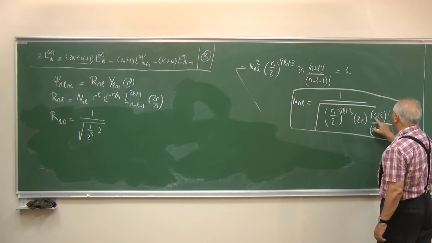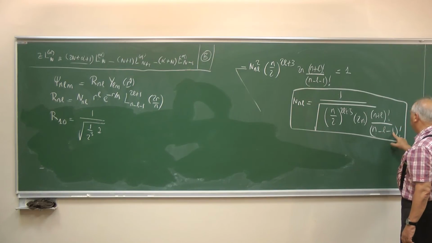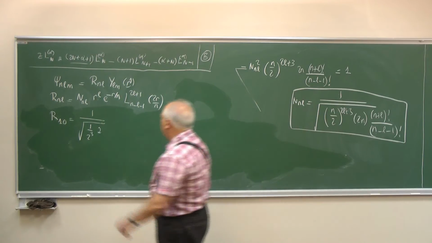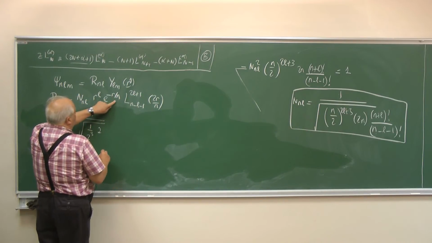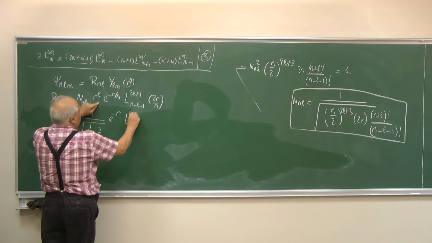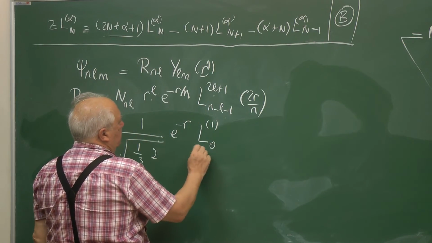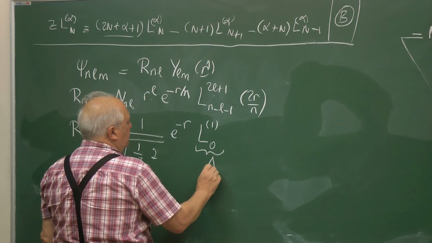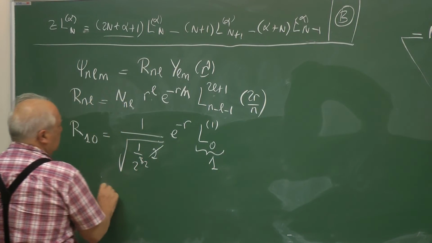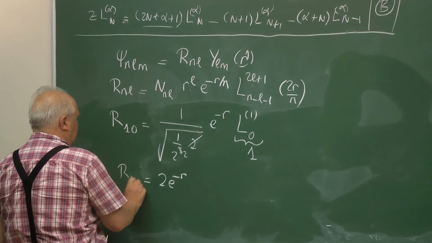This l is 0, so 1 plus 0 factorial is 1 factorial. Here it is 1 minus 1, 0 factorial is 1, so this whole thing is 1, times r to the l, which is 0, n is 1, e to the minus r, L with l equal 0, and this is 0. So this is just 1. So this is simply 2 e to the minus r. This is R_1,0.